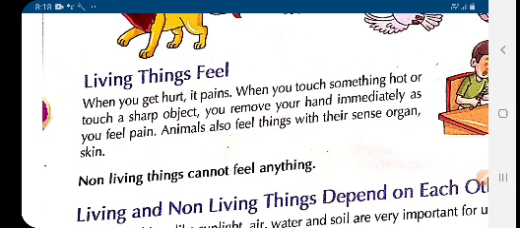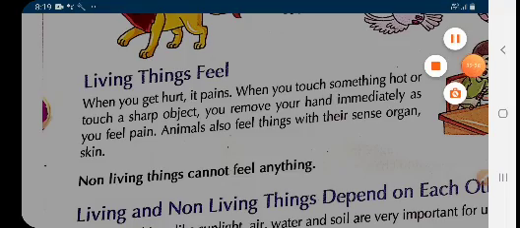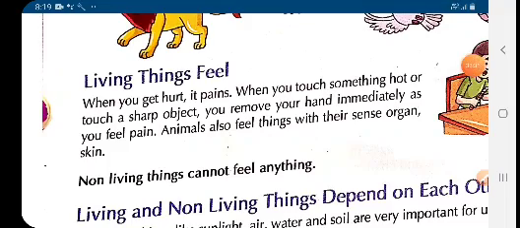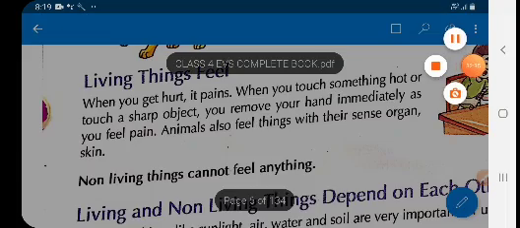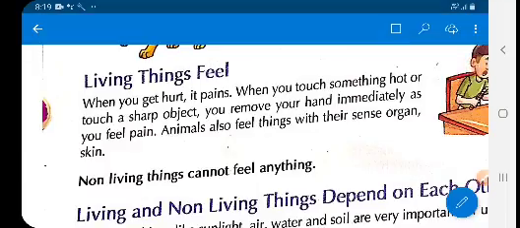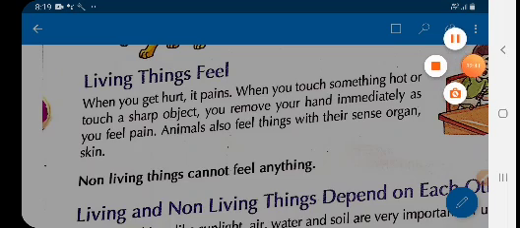Children, these are the organs which also help us from any accident or mishap. So these are the things which protect us from what all happens around us. So children, human beings also feel, but non-living things do not feel.